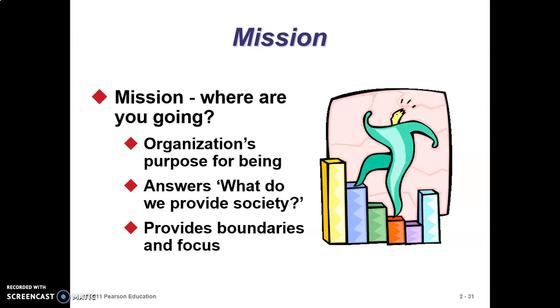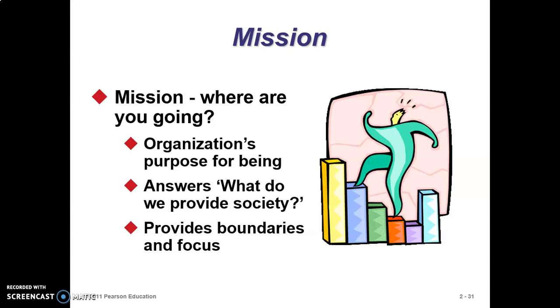The mission is about the organization's purpose for being, why we set up this company. The answer is what we provide to society.